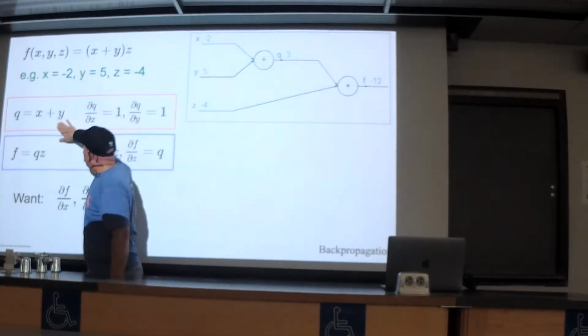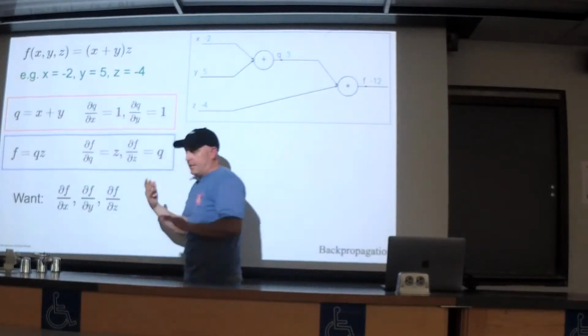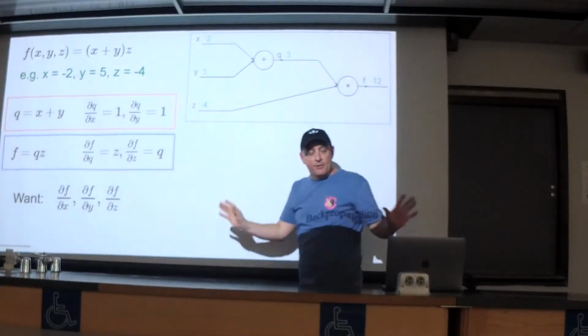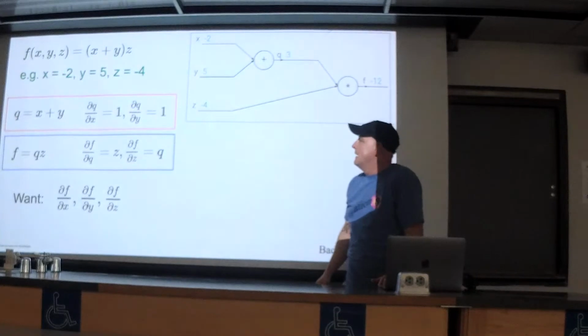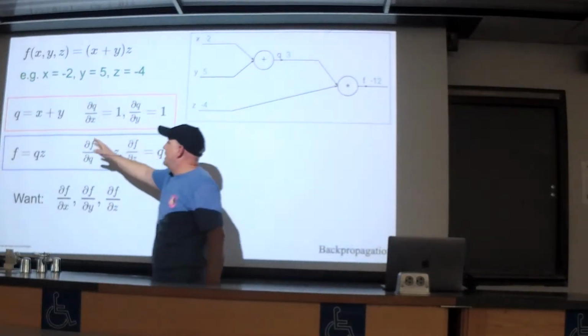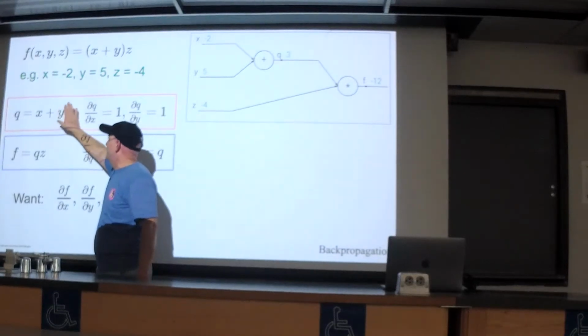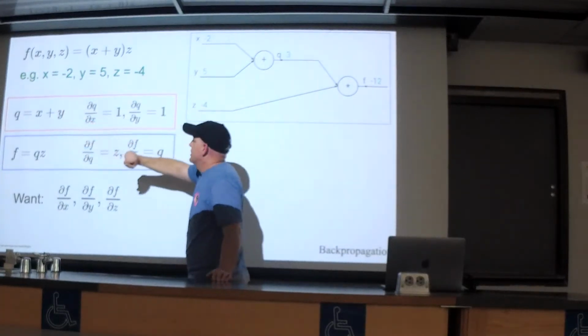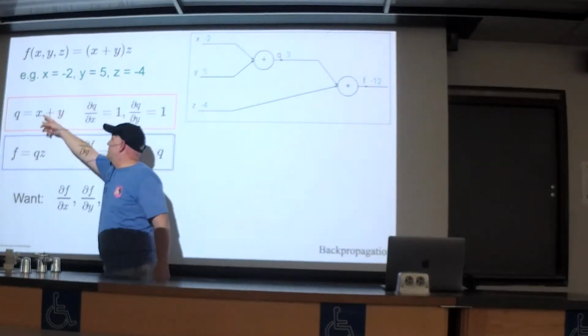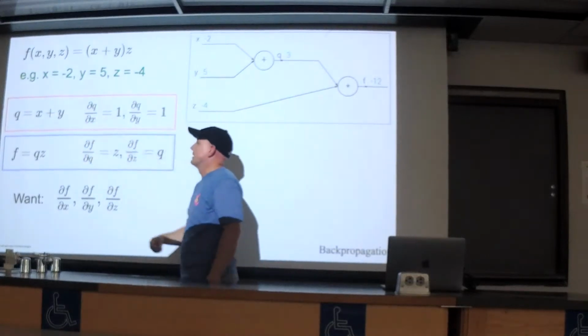Now I look over here and I have another variable y, but x and y are both independent variables, inputs to this function. So y is like a constant with respect to x, and when I take the partial derivative of y with respect to x, I get 0. So the partial derivative of x plus y with respect to x is 1.